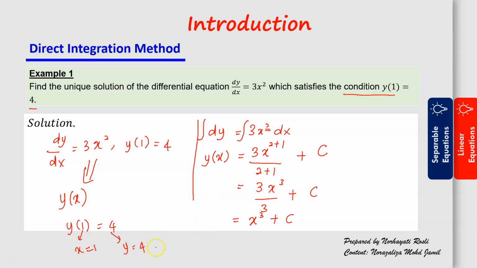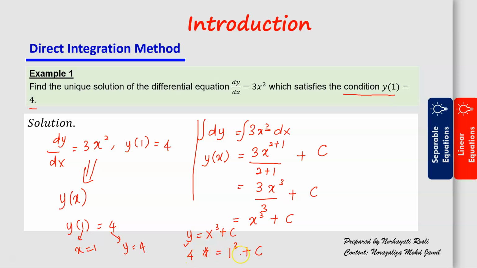So I can substitute y and x in this function to get c. We have y equal to x to the power of 3 plus c. When I substitute y with 4 and x with 1, I get 4 equal to 1 to the power of 3 plus c.